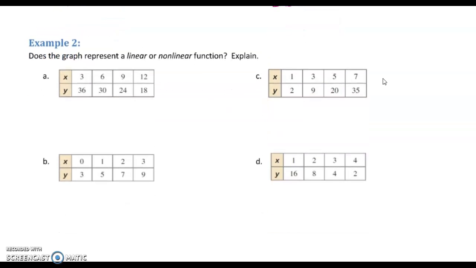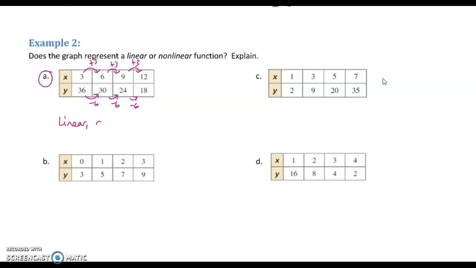Let's try example 2. Let's go ahead and do 2a. So if you look at the rate of change, this is adding 3 each time. So we could say x adds 3 each time, or x increases by 3. Now if you look down here, 36 to 30 is minus 6. And so it is linear.